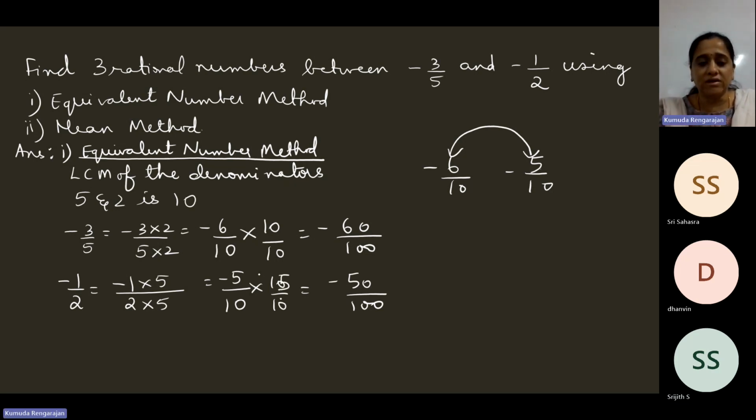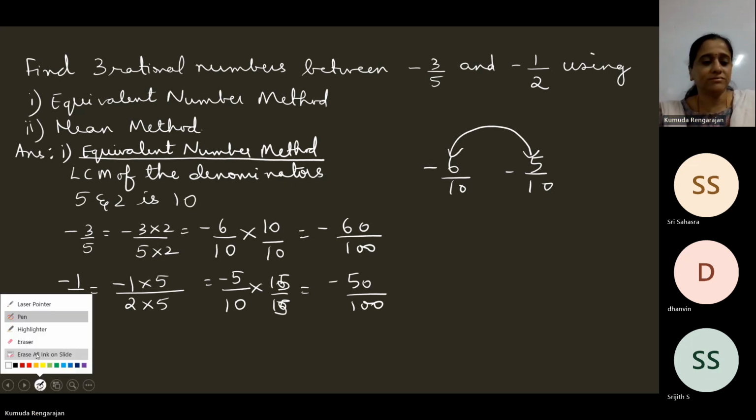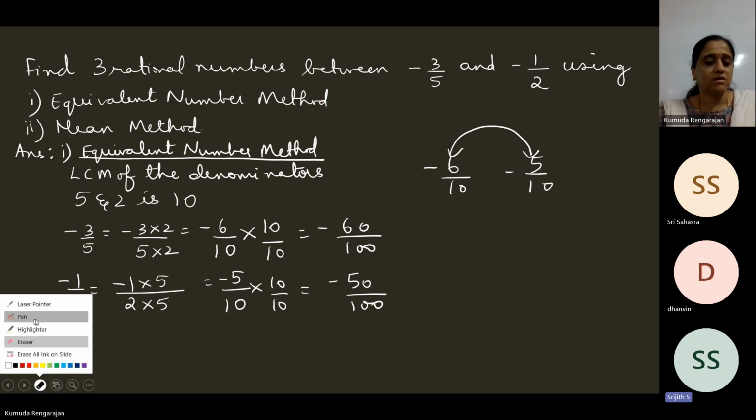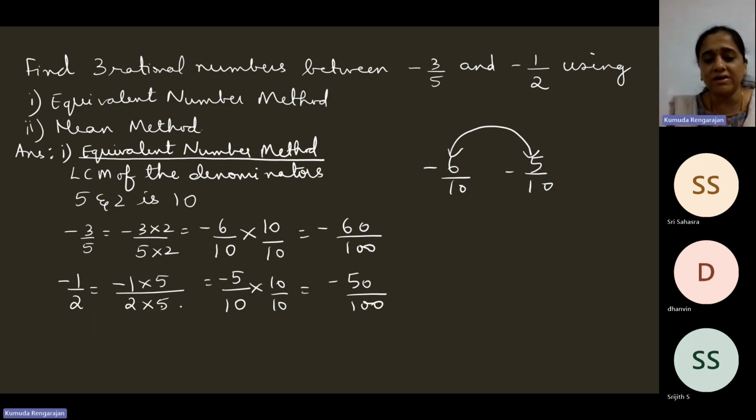If you use 15 here, then the denominator will become 150 here and 100 here. Then you cannot insert. So you get minus 60 by 100 and minus 50 by 100.